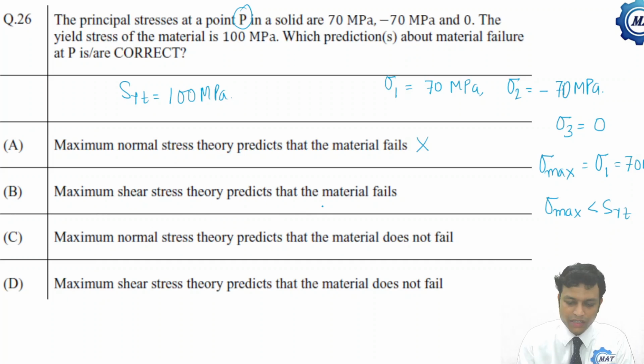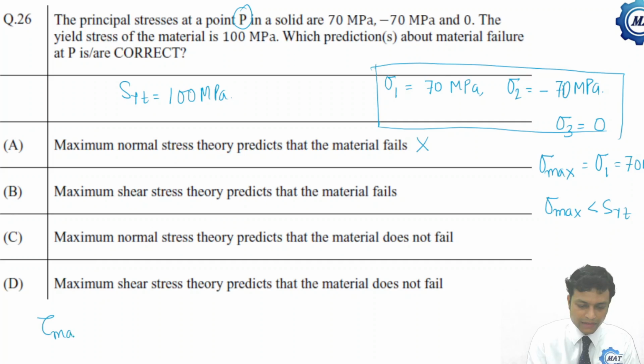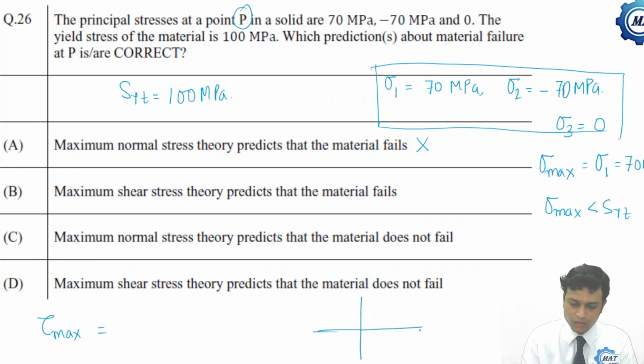Maximum shear stress theory predicts that material fails. What is tau max for this state of stress? Let me draw the Mohr circle. Sigma n and tau.